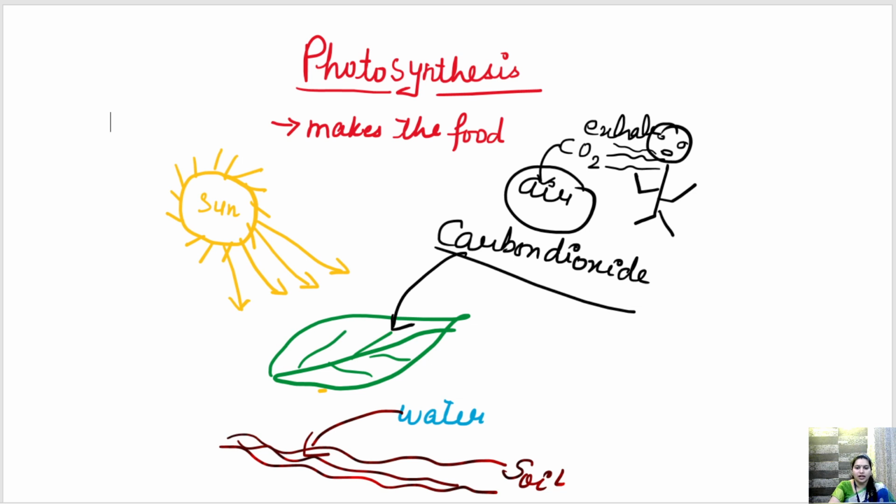Okay? So what are the things that a plant requires to prepare food? It requires sunlight, it requires carbon dioxide, and it requires water. Along with it, it requires chlorophyll. And what is chlorophyll? Chlorophyll is the green color pigment that is present in the leaf. So what does chlorophyll do? Chlorophyll traps the sunlight.